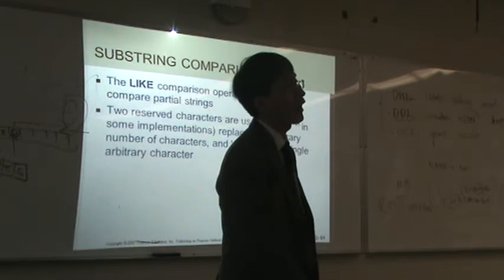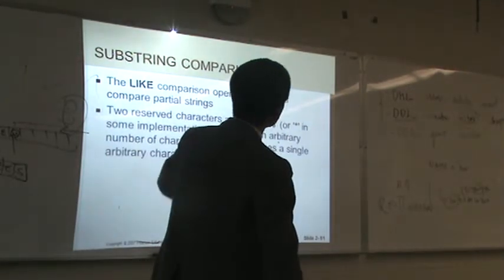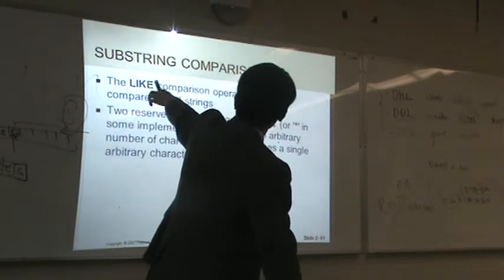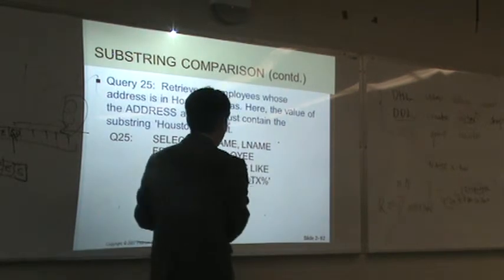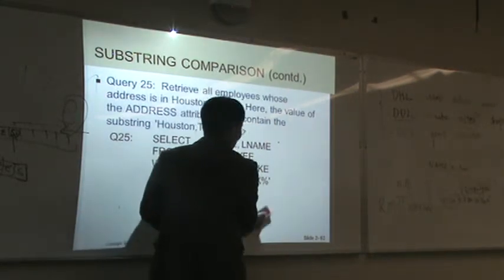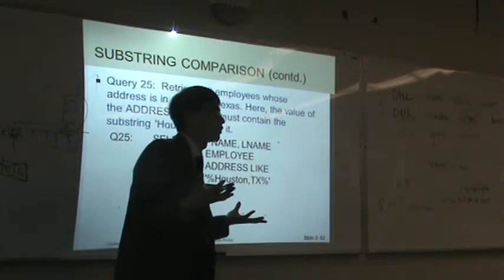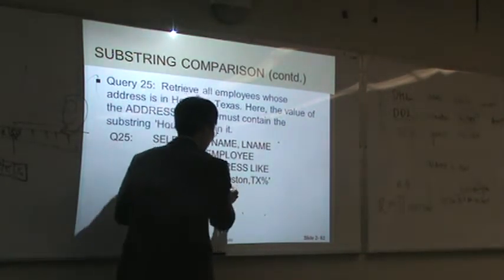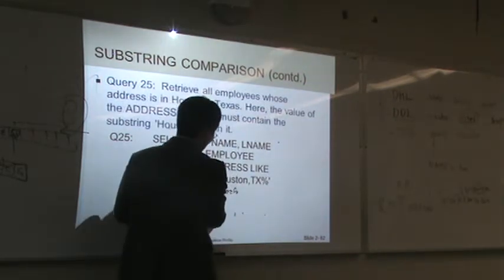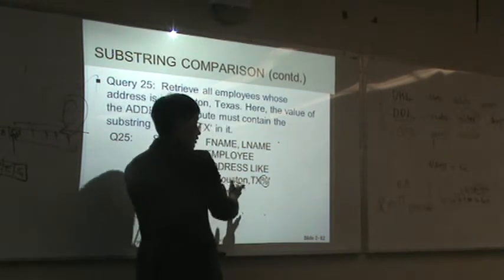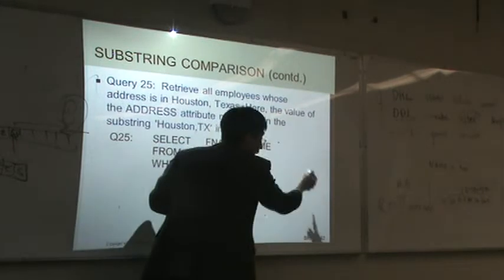As I said, there are many useful functions to compare strings. When you are using such a function, you can use the like operator. So for example, address like means I don't know the whole value. For example, as he asked, how do I know whether this is a capital letter or lower letter? But I know that it is something, like SEARCH. The percent sign means any characters before this. This one means after this.